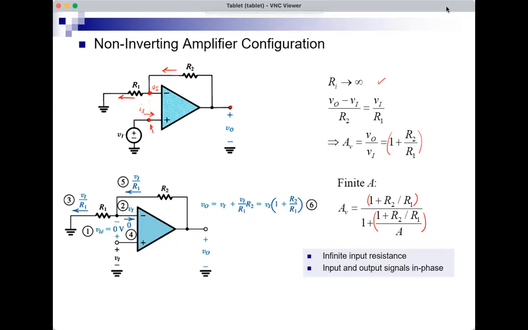So in this case, the input and the output signals are in phase, and the input resistance is infinite. In phase, the gain is positive.